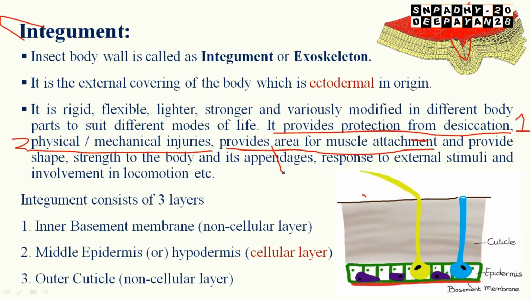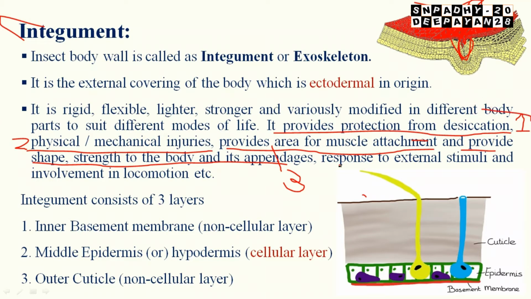Fourth, they provide shape and strength to the body and its appendages. As the muscle is attached, they will provide shape, strength, rigidity, movability, everything will be provided by this integument itself.